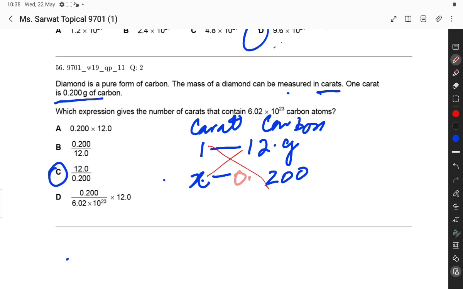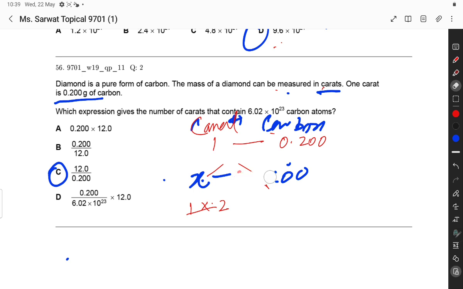So this is like this, 1 carat is equal to 0.200 gram.